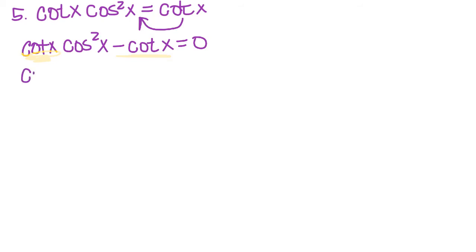So I'm going to take out cotangent x and let's look and see what would be left over inside the parentheses. If I'm taking out that cotangent x from both terms, and think about the distributive property, what would have to be inside the parentheses here? Cosine squared x would be one of them. Minus, what would have to be in the other spot? 1, isn't it?